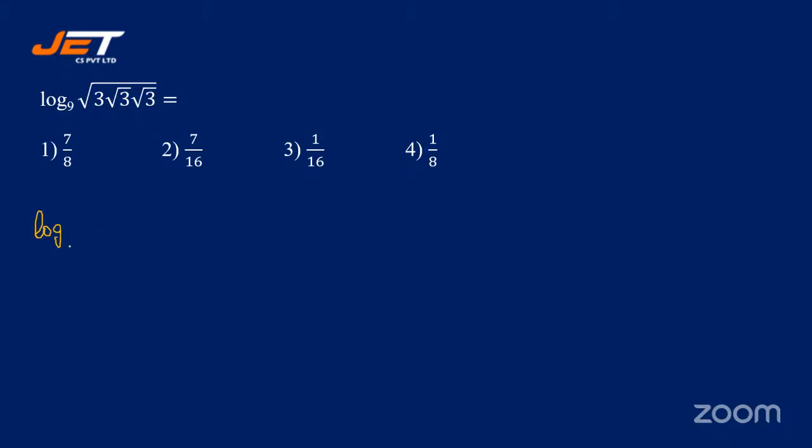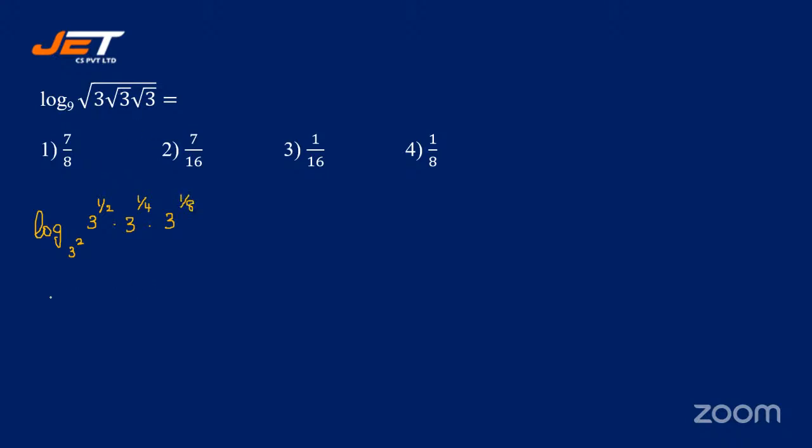See, base 9, you can write it as 3 square. The first root 3, you can write it as 3 power half. That is root 3 is 3 power half. The second root 3, you can write it as half plus half. So it is 1 by 4. The third root 3, you have 1 by 2, 1 by 2, 1 by 2. So half plus half plus half, which is 1 by 8.